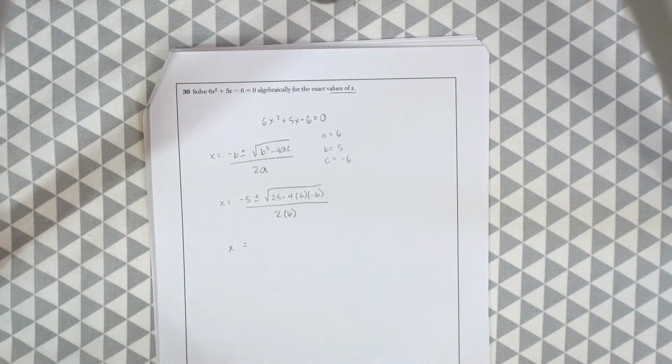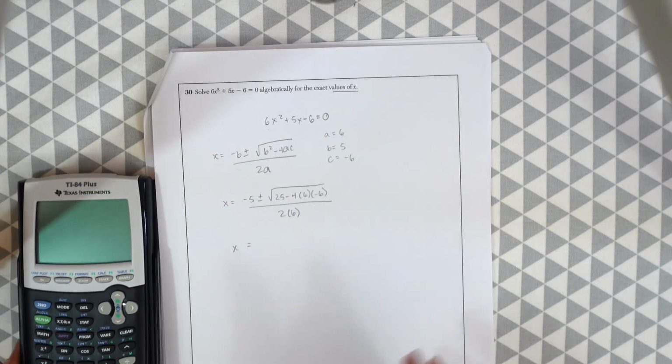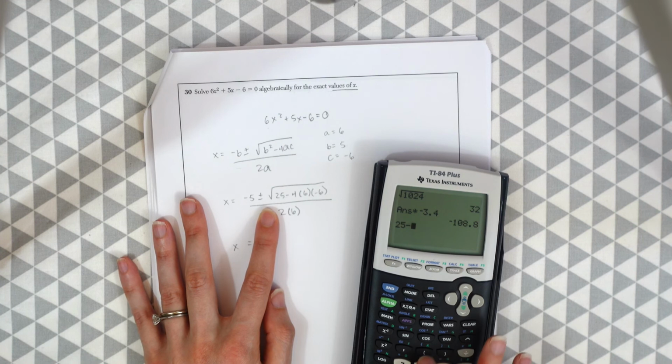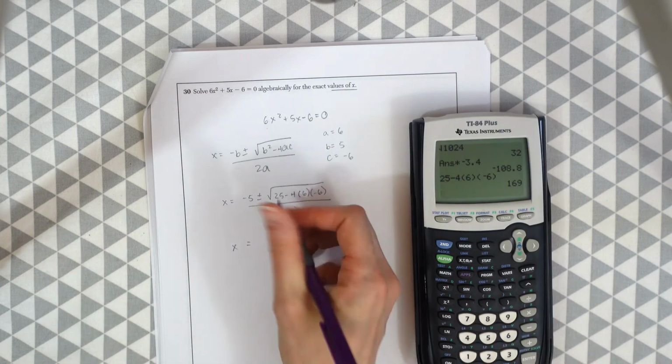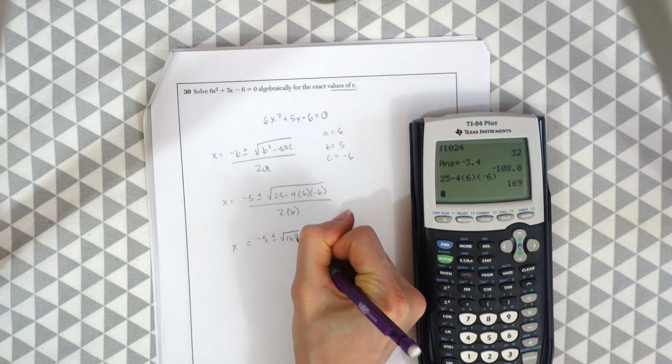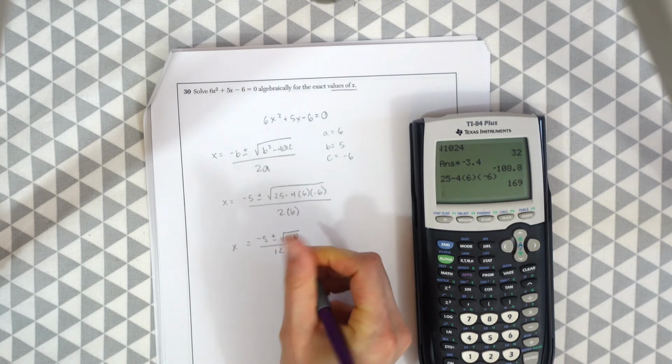To calculate this, I always like to calculate what's under the radical first. So we have 25 minus 4 times 6 times negative 6, which gives us 169. So we have negative 5 plus or minus radical 169 all over 12.